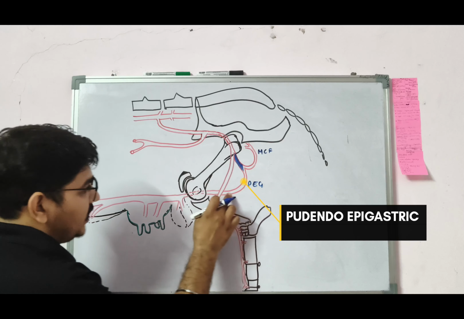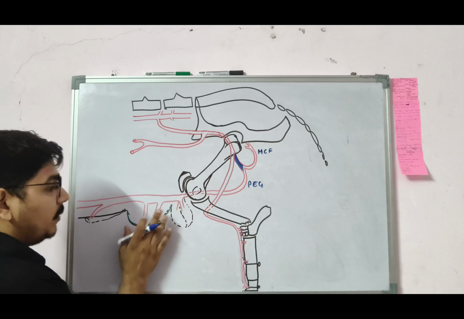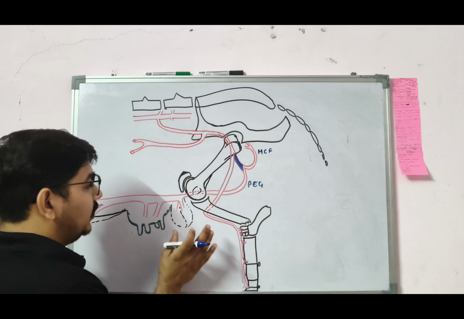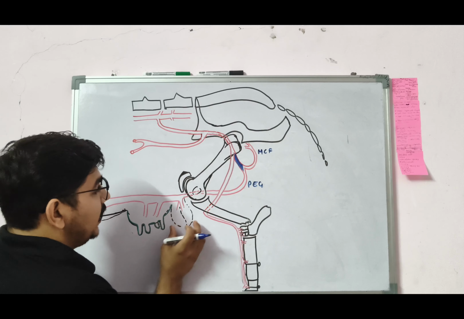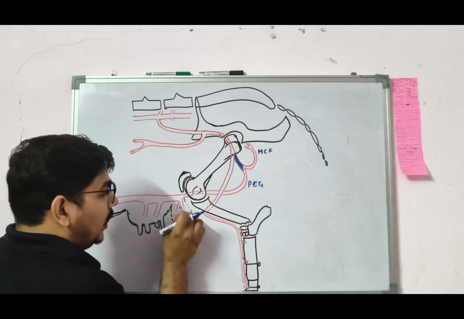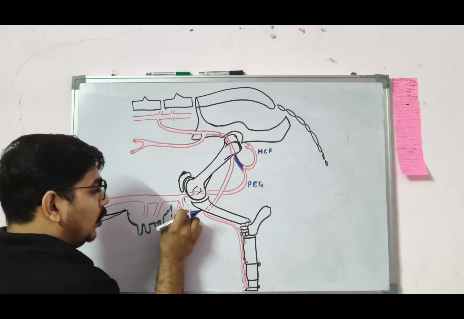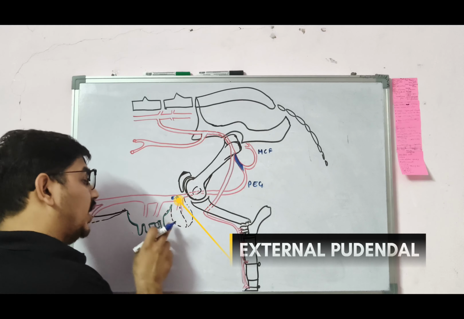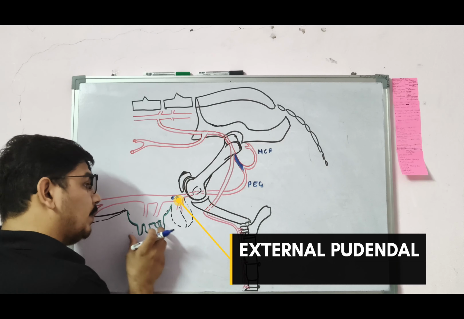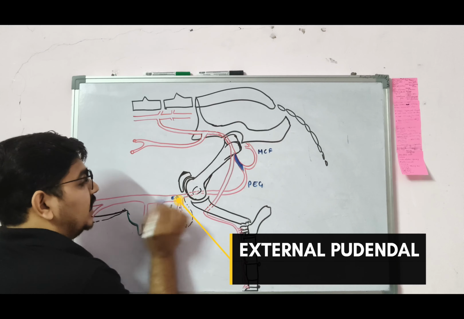The pudendal epigastric continues cranially, and in male and female it supplies the two glands differently. If it is male, it gives supply to the scrotum, known as external pudendal. Or if it is female, it gives supply to the mammary gland, which is also known as external pudendal.